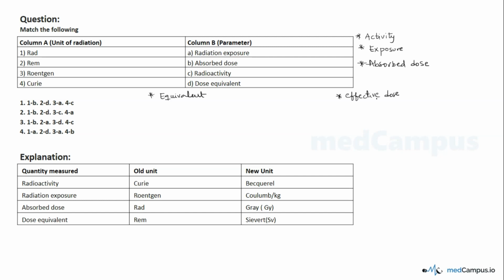From the previous discussion, I told you absorbed dose is how much radiation is getting absorbed into your body. In this, we are not considering 2 factors. For example, there was one question which is asking what is the safe amount of radiation a pregnant woman can be exposed to?